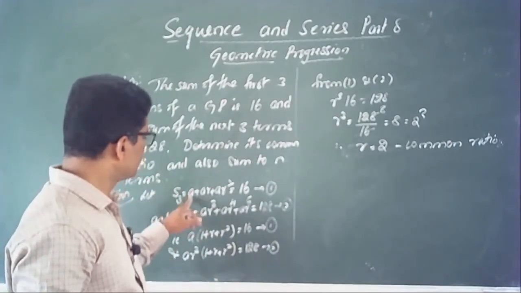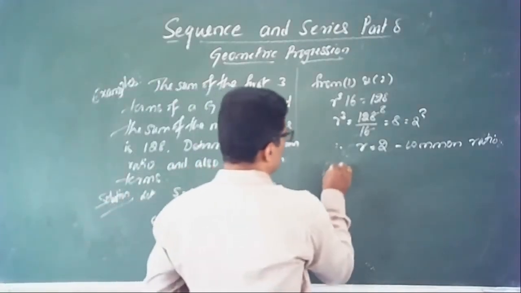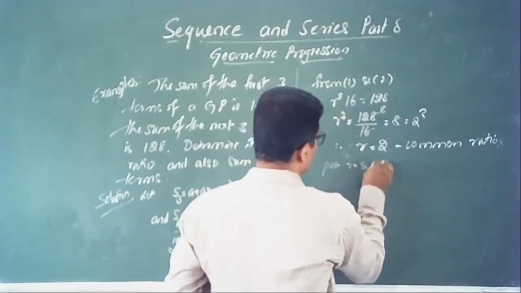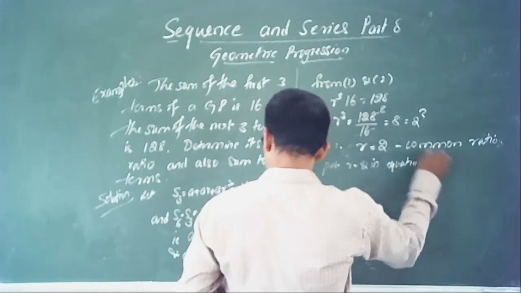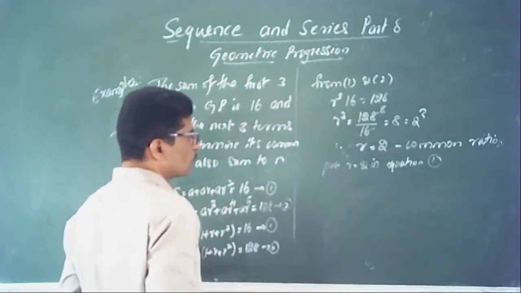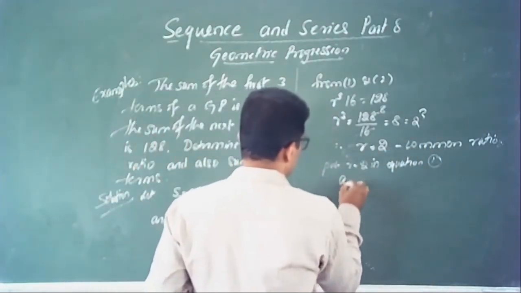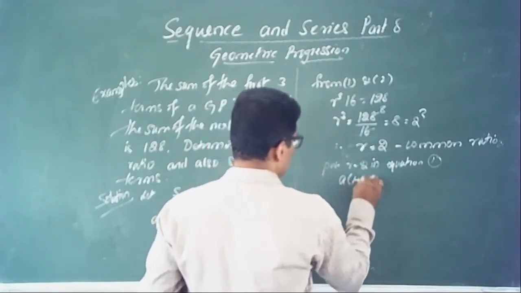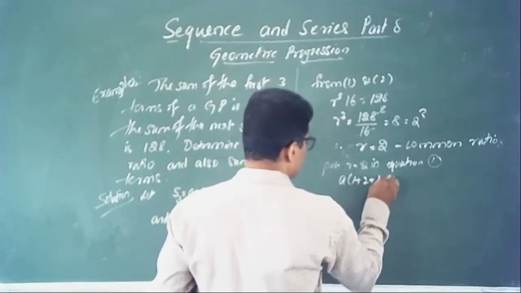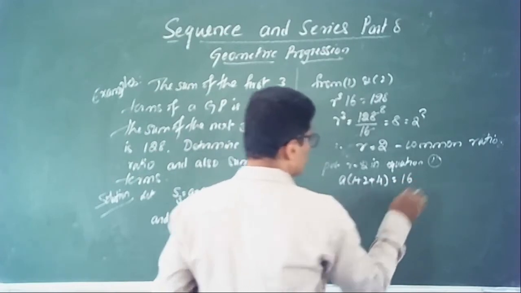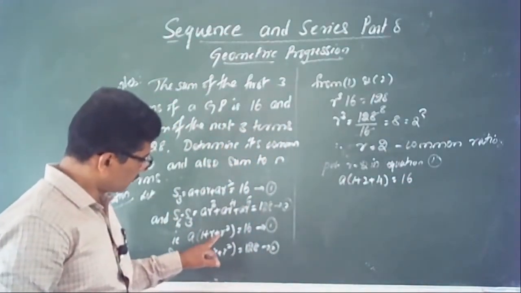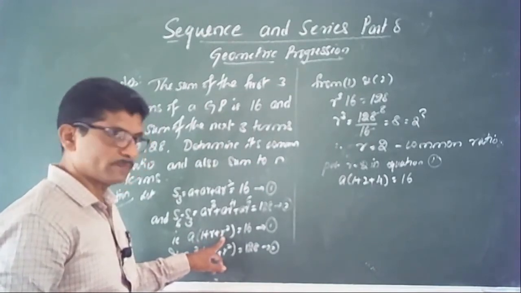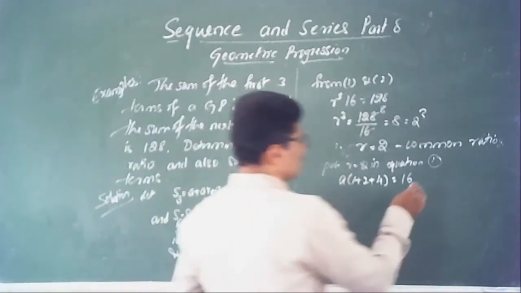Therefore, first find a. Put the value of r equal to 2 in equation 1 or 2. With r equal to 2, a into 1 plus 2 plus 2 square, which is 4, is equal to 16.